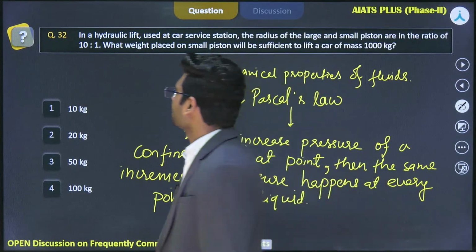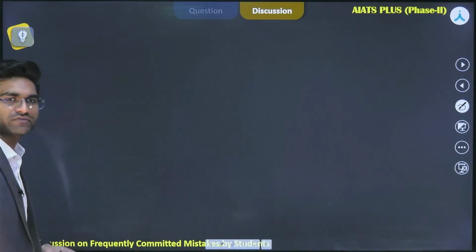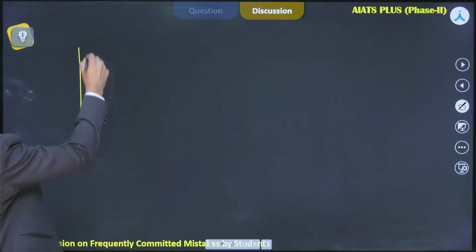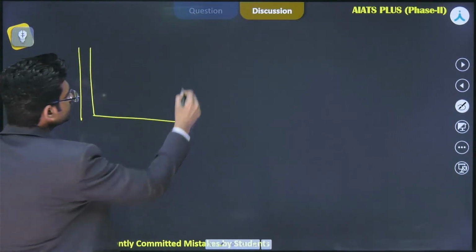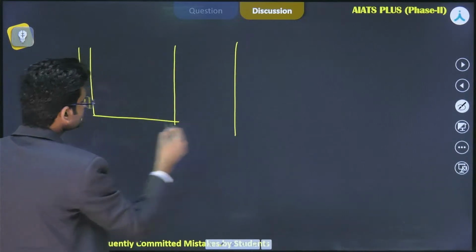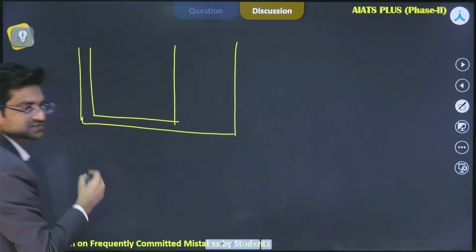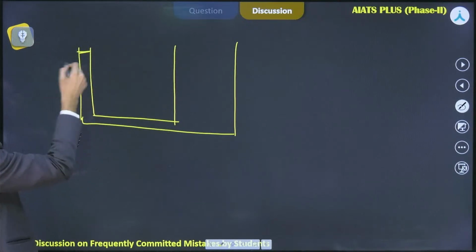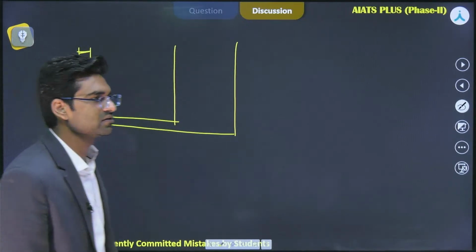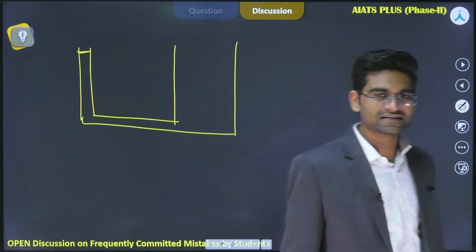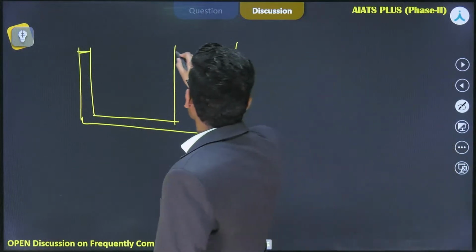Now let's see how a hydraulic lift works. So hydraulic lift is designed like this. There are two limbs. This is a limb which is thin, its area is lesser, and this is another limb.